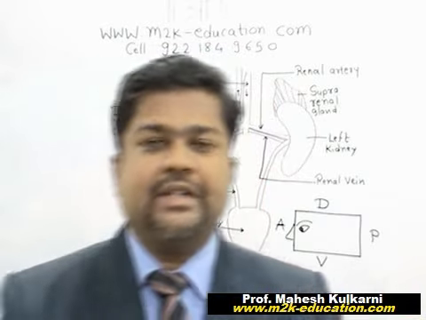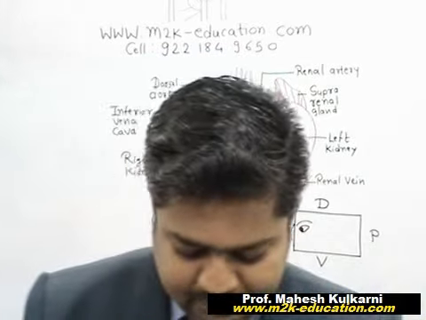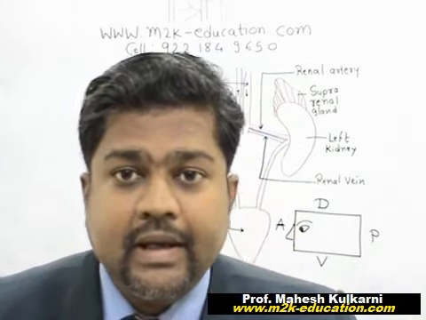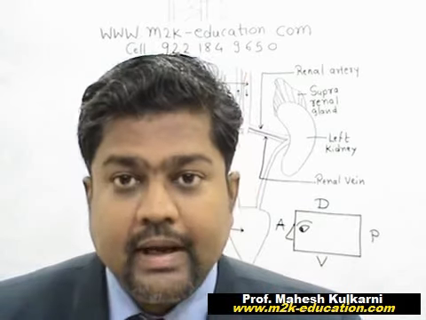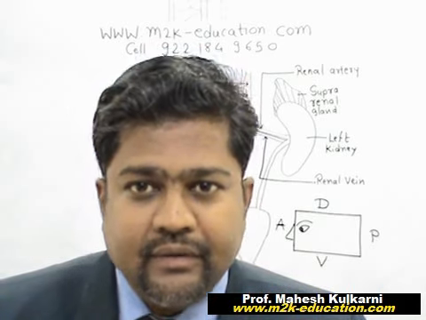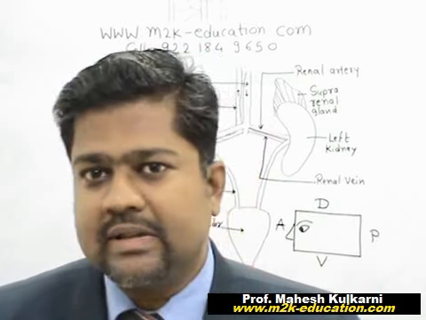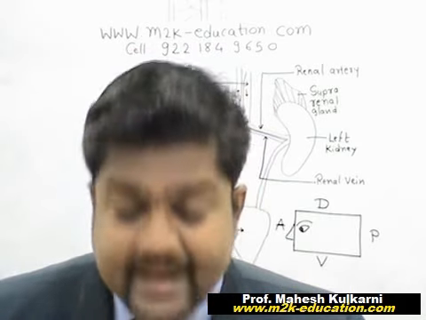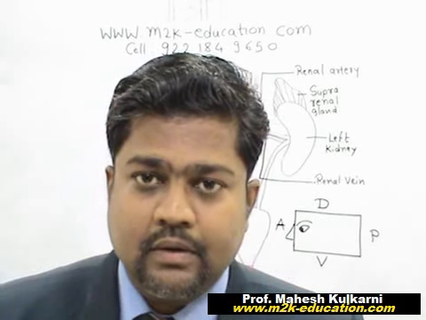Now the functions of kidneys. Number one, kidneys perform the function of maintaining the internal environment constant and balanced. When we discuss the process of osmoregulation, at that time we will discuss this in detail. Then extraction of nitrogenous waste product.